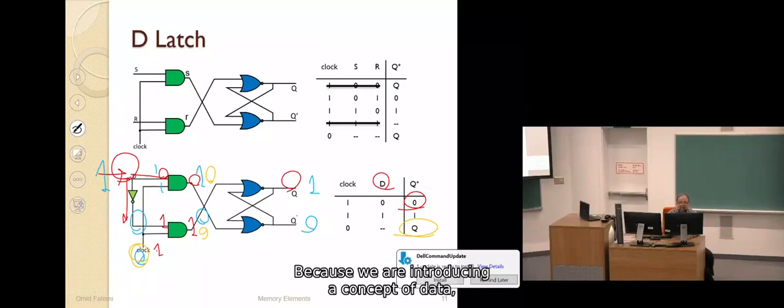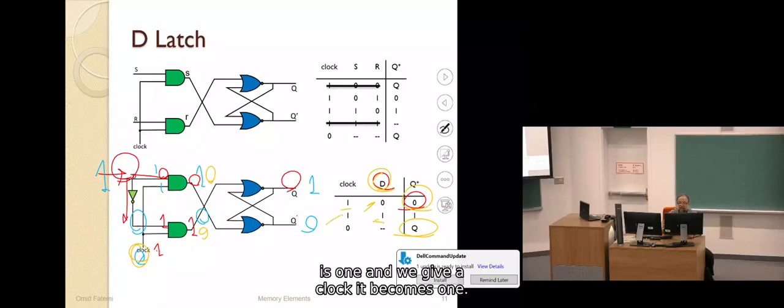Why? Because we are introducing a concept of data. When we put 0 as the data, and we give a clock, the Q becomes data. When D is 0 and we give a clock, it becomes 0. When D is 1 and we give a clock, it becomes 1. So we have introduced a memory element which stores a bit, either 0 or 1, based on a clock.